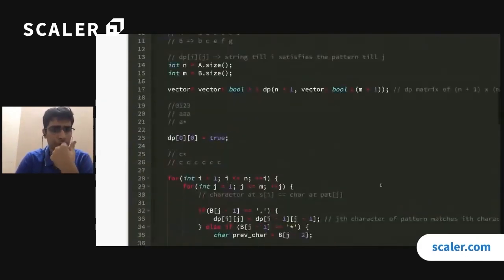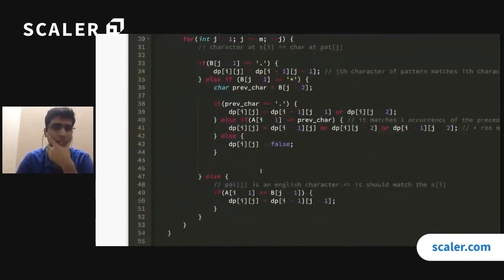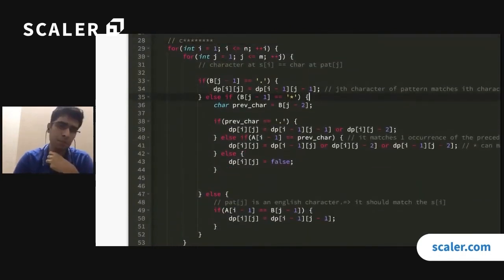Now the only question comes: can our pattern be something like this? C star star star star star star star. Then I can also say that, first let us say, can that case happen? Wait a moment.